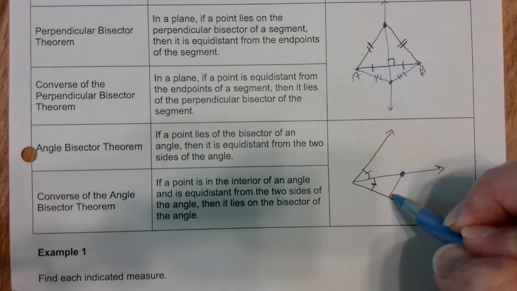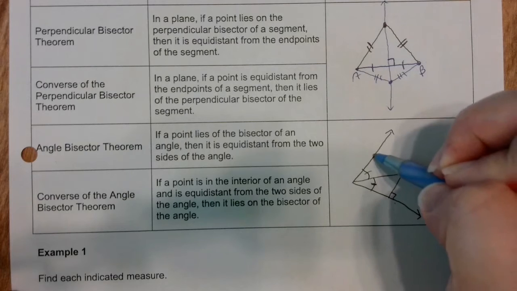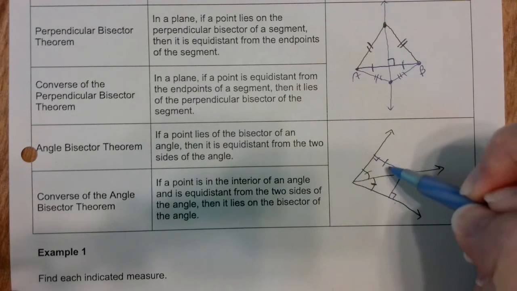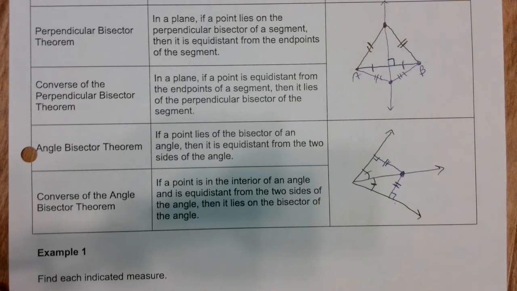And what that looks like is it looks like a 90-degree angle toward the side. And these 2 would be congruent to one another.